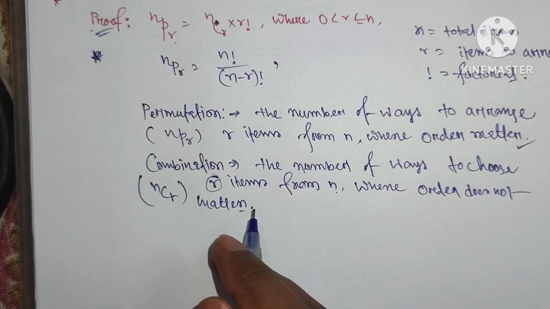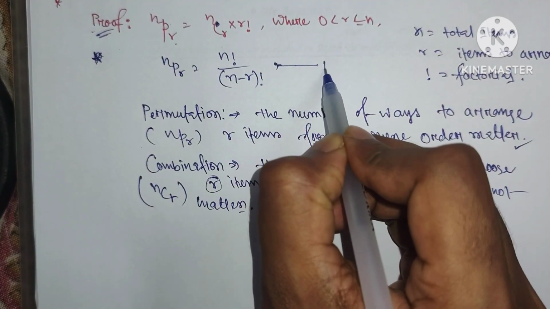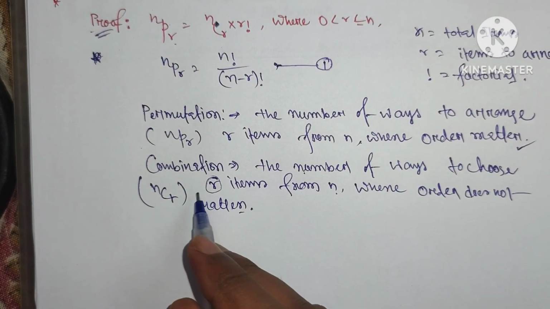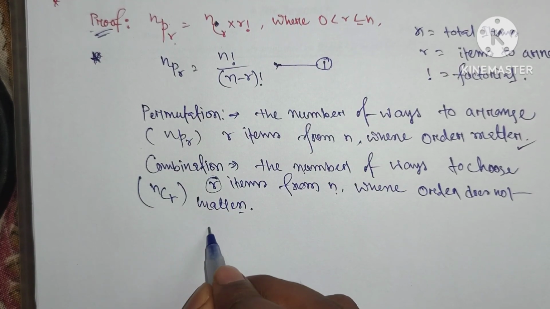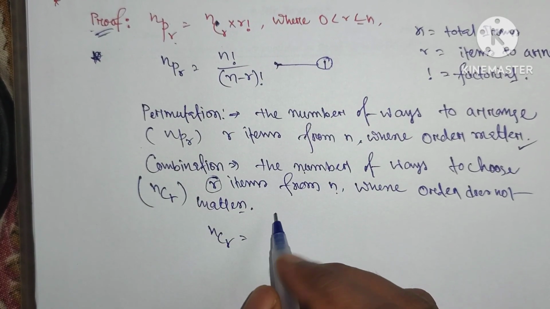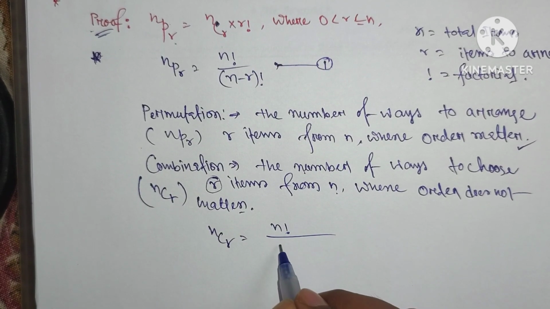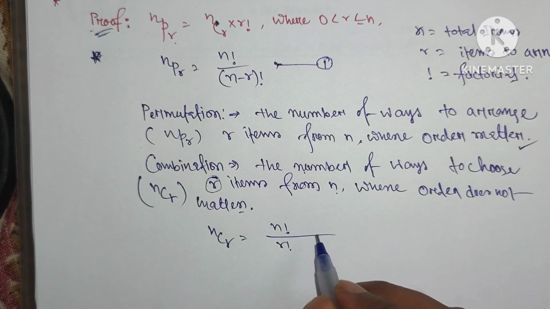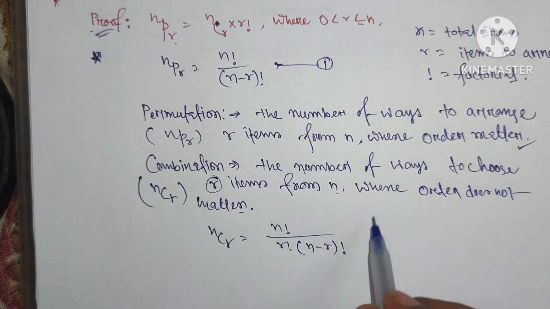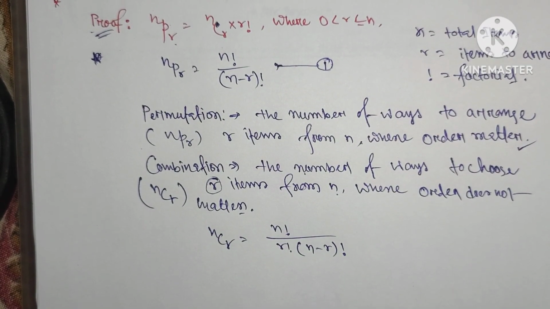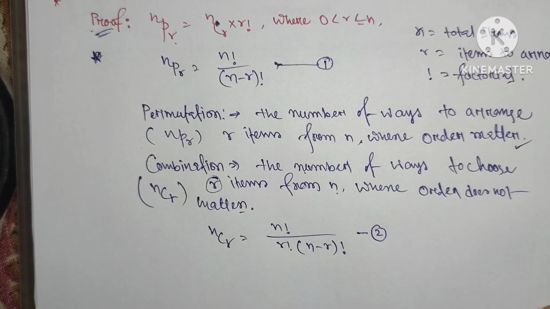The first step is, we know from the permutation formula that this is, we write it as 1, okay. Step 2 is to write the formula of combination, that is basically nCr equals what? n factorial by r factorial into n minus r factorial. This is nCr, right. This is number 2, okay.